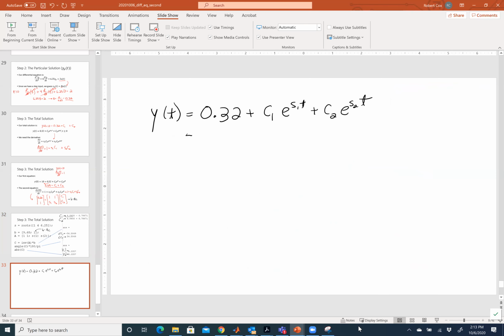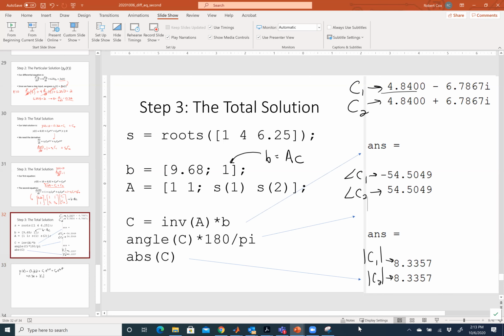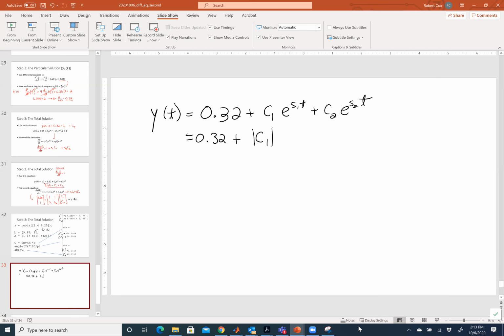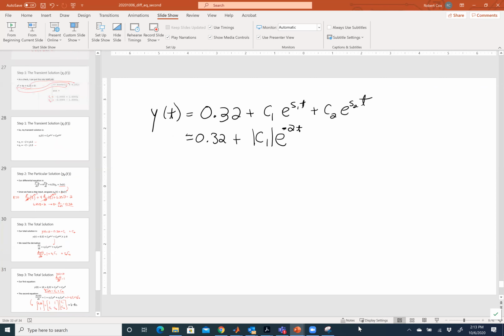Right. I'm going to say I got 0.32 plus the magnitude of C1. Remember their magnitudes, we just saw that. Their magnitudes were the same. So magnitude e to the, what was the angle? The angle was negative 54. So e to the, and I'm going to do it this way. E to the, so S1 was negative 2. If you go back and look, the roots were defined previously as negative 2 plus 1.5j.